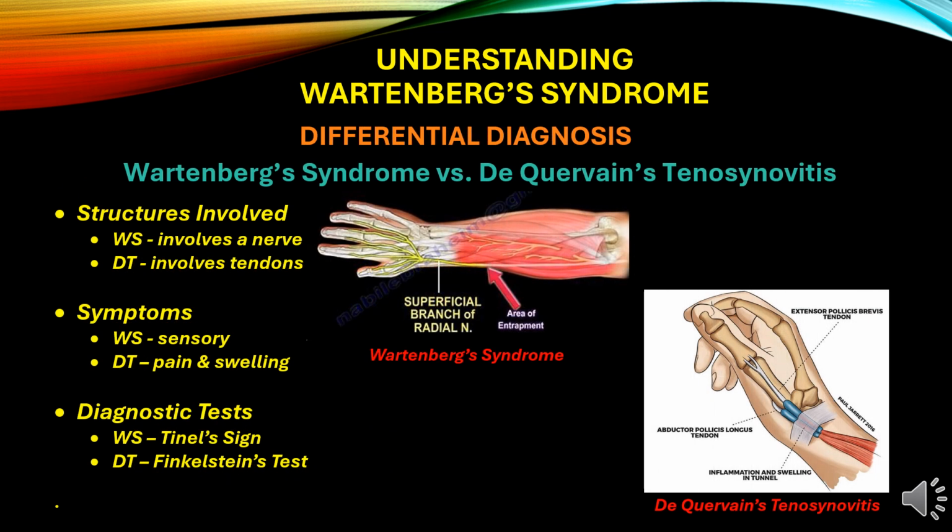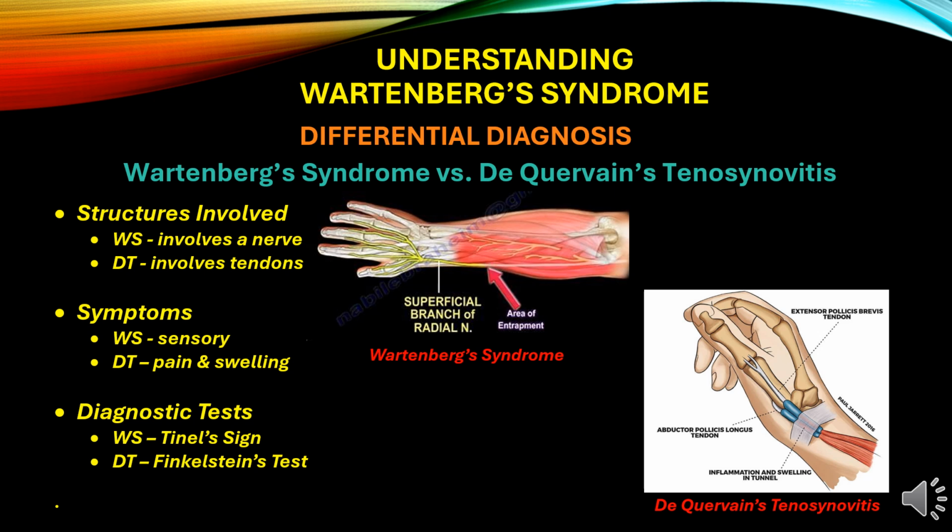There are some similarities between Wartenberg syndrome and de Quervain's tenosynovitis, so I thought I would discuss those here. First of all, the structures involved. Wartenberg syndrome does involve the superficial radial nerve. However, de Quervain's tenosynovitis involves the tendons and not the nerve itself.